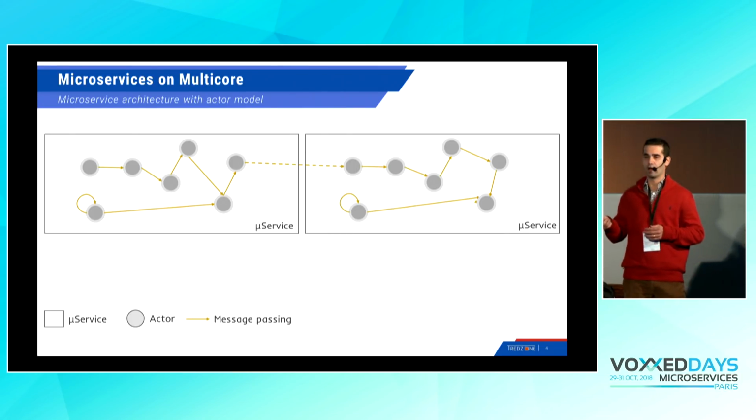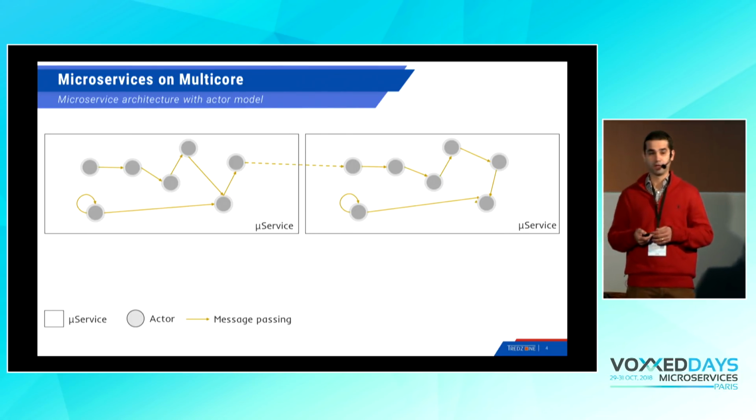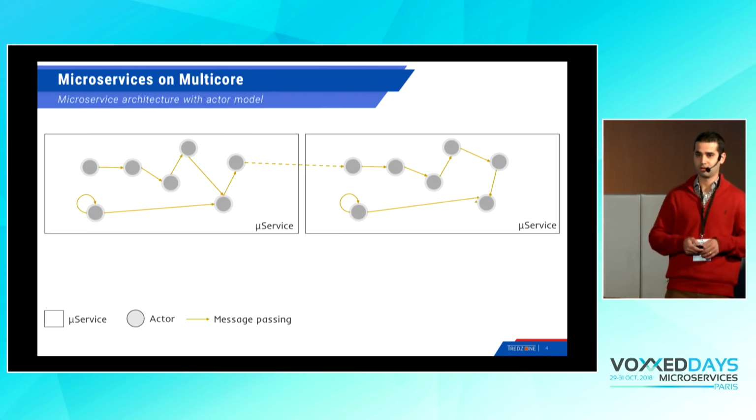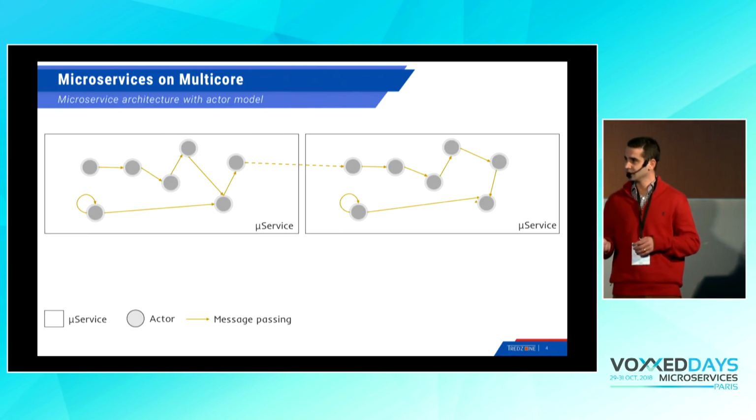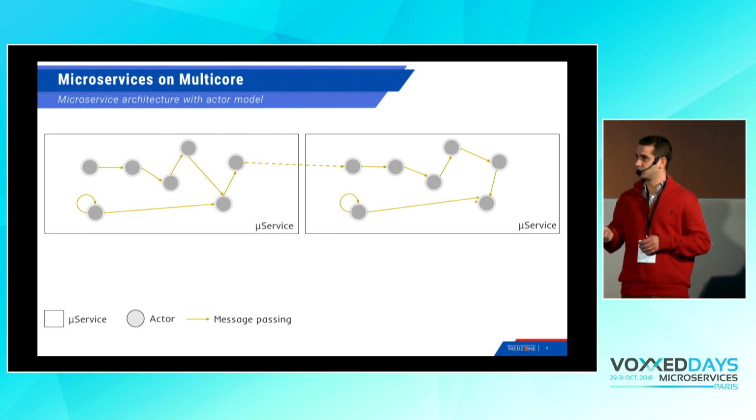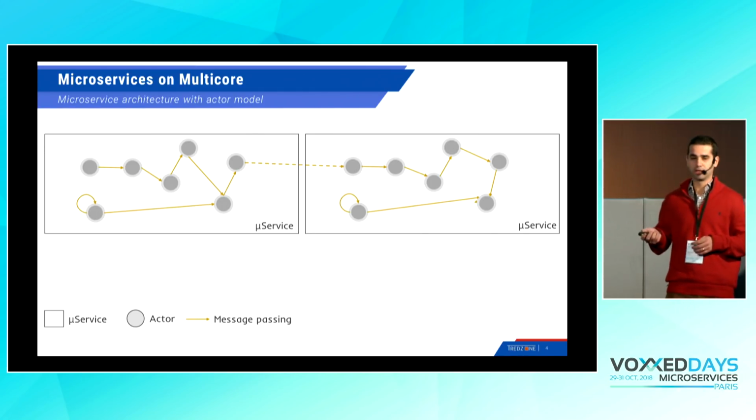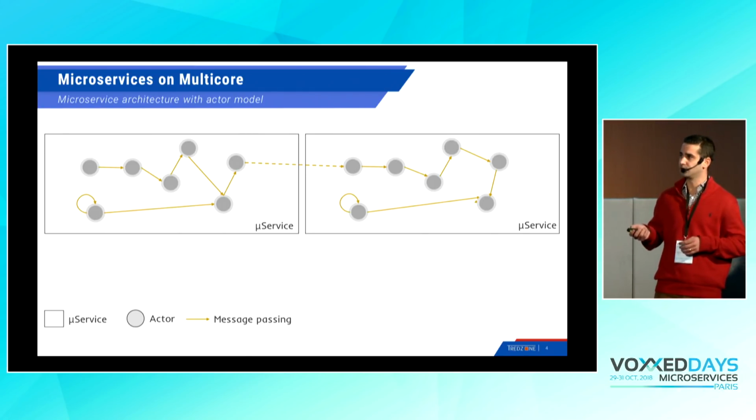So we can have here Akka, Scala, or even Simplx, as we will show later. So basically, in these microservices, we have a lot of messages communicating between the actors and between the services, and we need a runtime to handle this message passing.